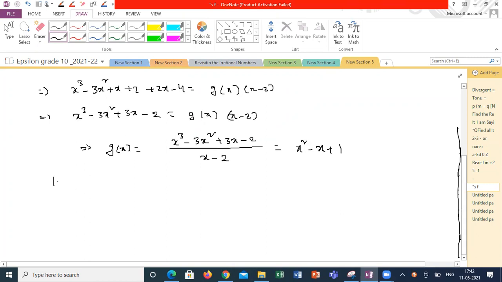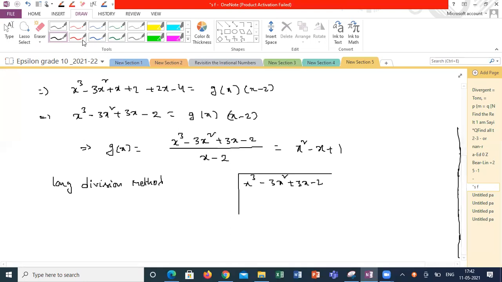Using the long division method, I have to do like this: x cube minus 3x square plus 3x minus 2, divided by x minus 2.